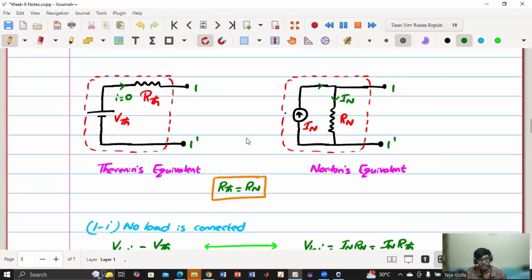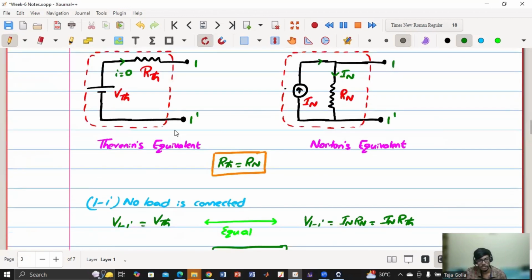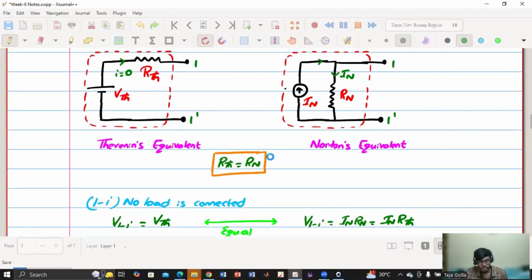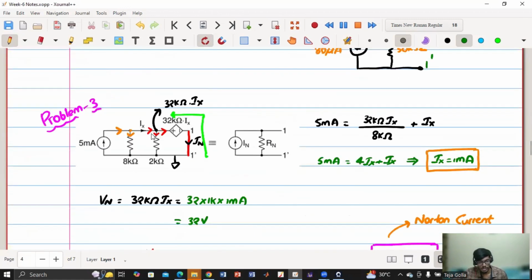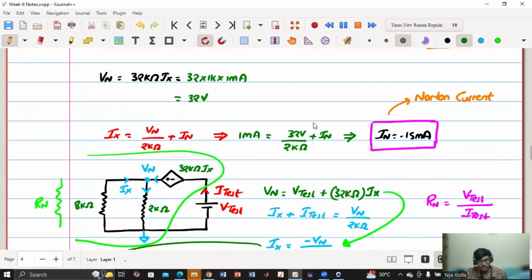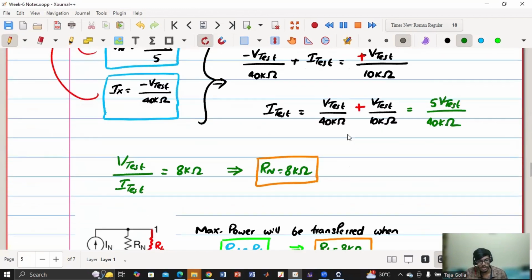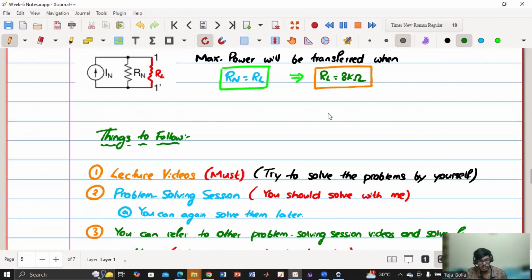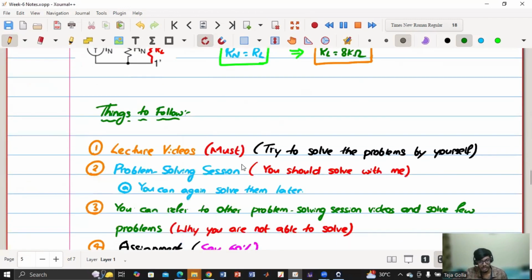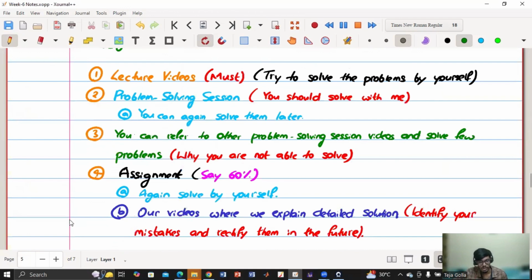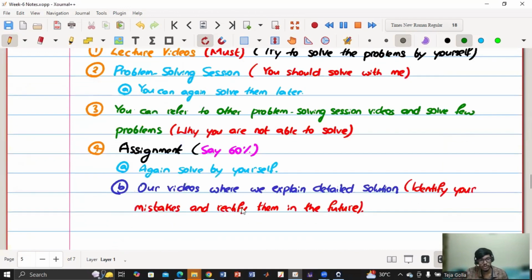And we have seen the correlation between Thevenin's equivalent as well as Norton's equivalent, and how to calculate Norton's equivalent from Thevenin and Thevenin from Norton, vice versa. And then we have solved one problem for calculating Norton current and Norton resistance. And for maximum power to be transferred, RL should be equal to RN. And then I have given some guidelines so that you can follow this to improve yourself weekly.